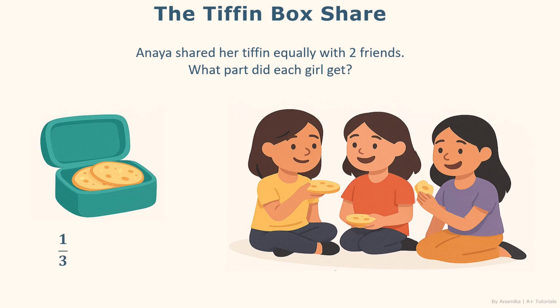But what's the decimal form of 1 by 3? It's 0.333, and that 3 goes on forever. It repeats. So, is this number rational or irrational? It's rational because even though it goes on forever, it has a pattern.